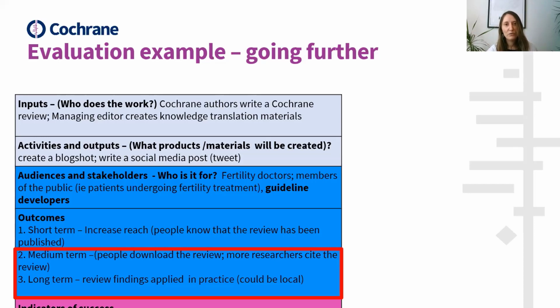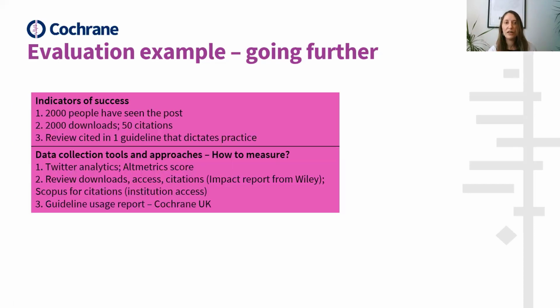Just to discuss briefly what an indicator of success and data collection tool could be for our medium and long-term outcomes. In our case, let's say we want 2,000 downloads and 50 citations. Again, we can ask what we base this on. Similarly to our 2,000 views, it could be based on something you've done in the past.